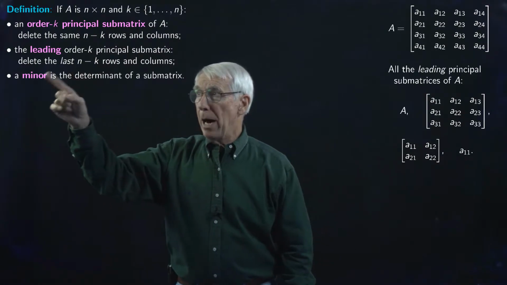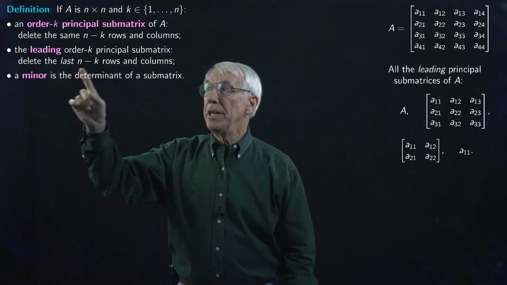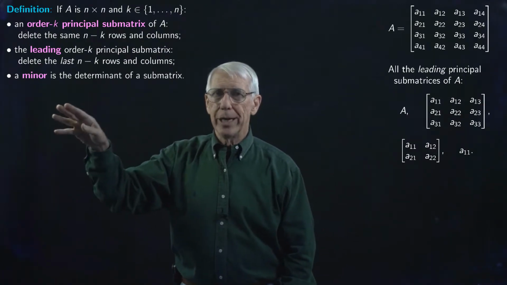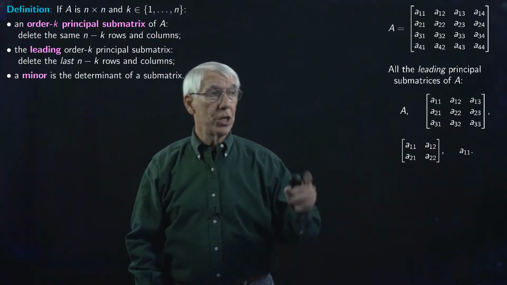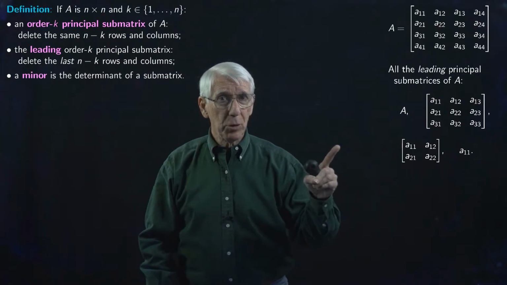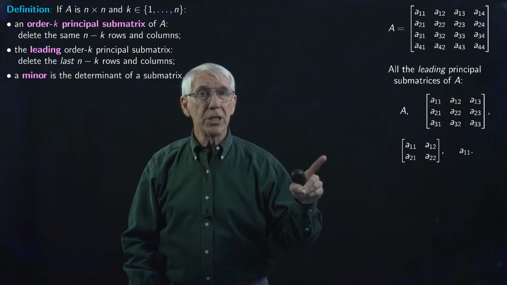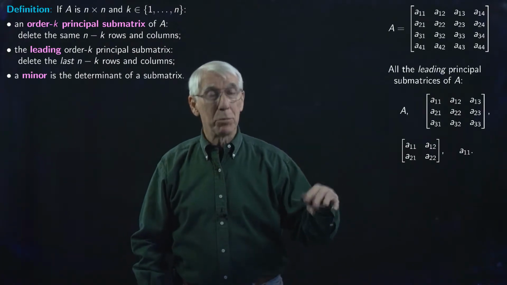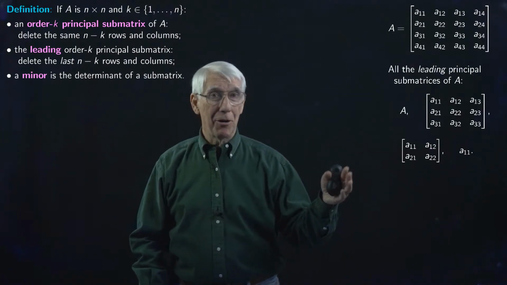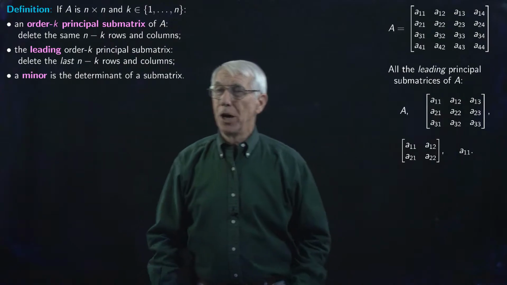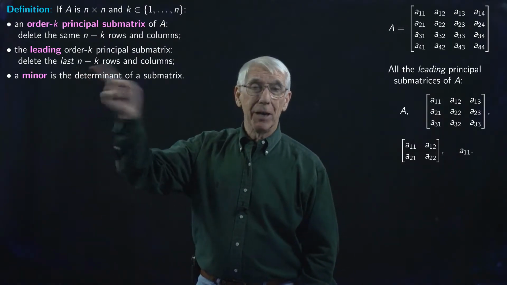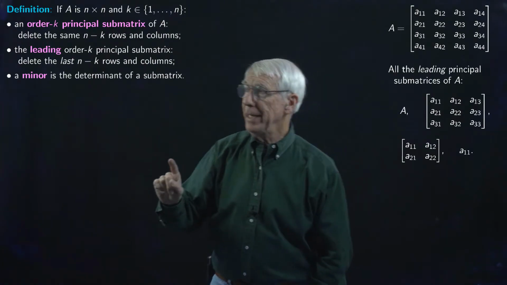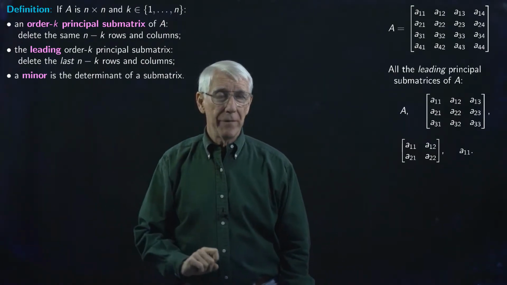So a minor has to be the determinant of a square submatrix. All of the principal submatrices are square, and therefore all the leading principal submatrices are also square, so the minor of all of these principal submatrices is well defined, and it's just the determinant of that submatrix.